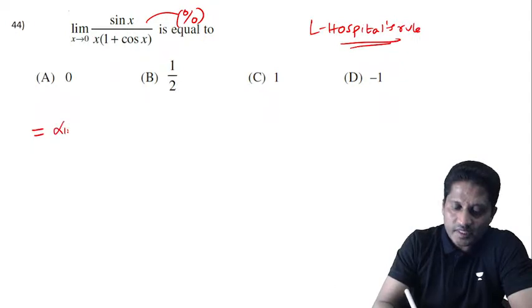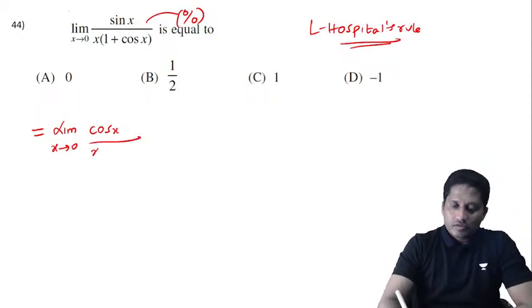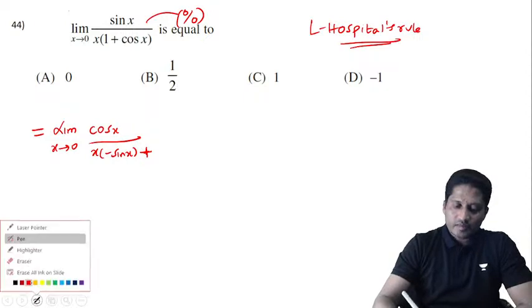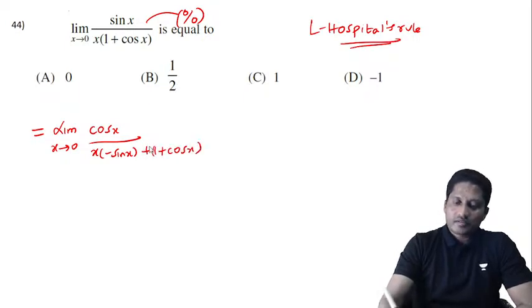I can write this as limit x tending to 0 of the differentiation of sin x, which is cos x, right? And in the denominator, use u into v dash plus v into u dash. Here v is 1 plus cos x and u dash is 1.